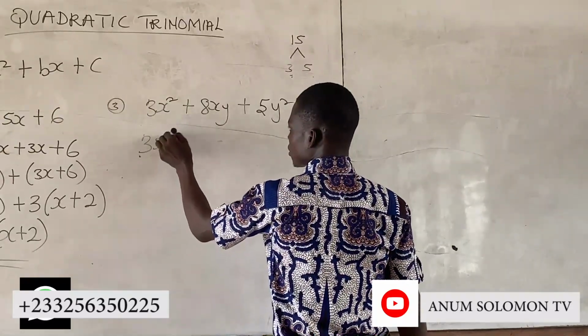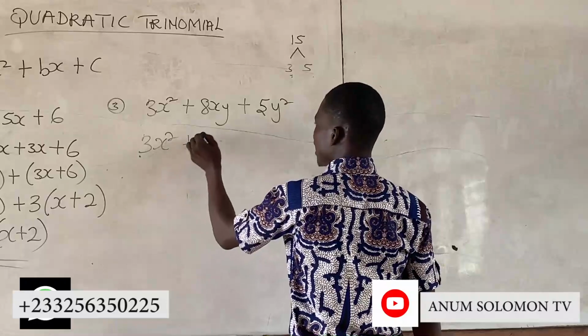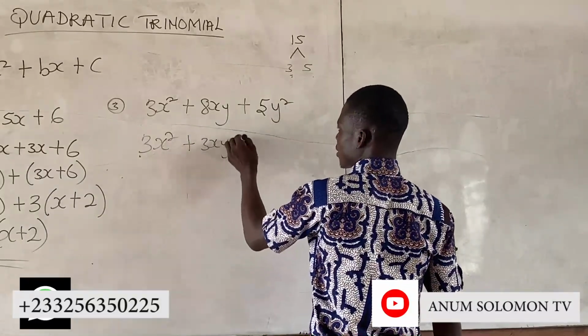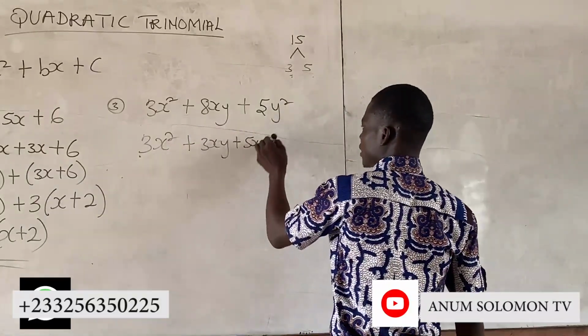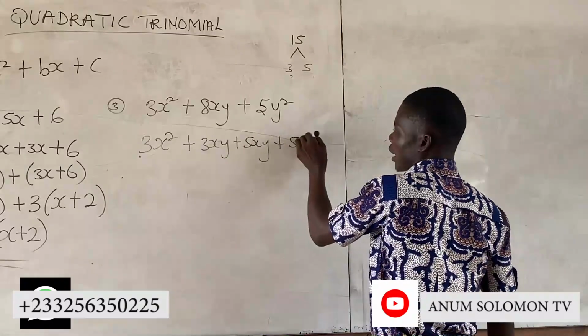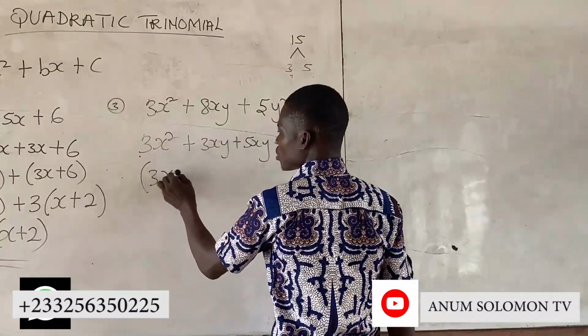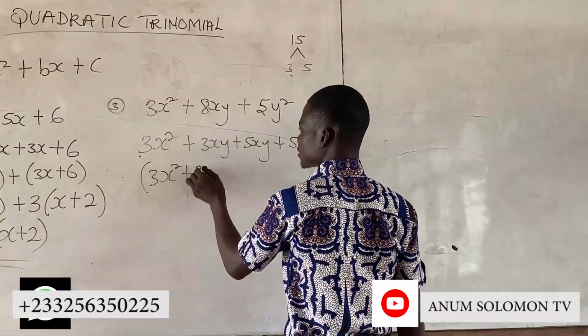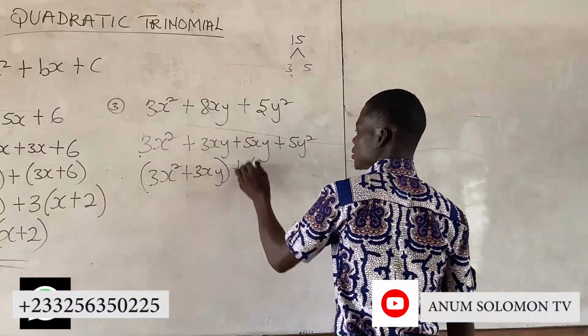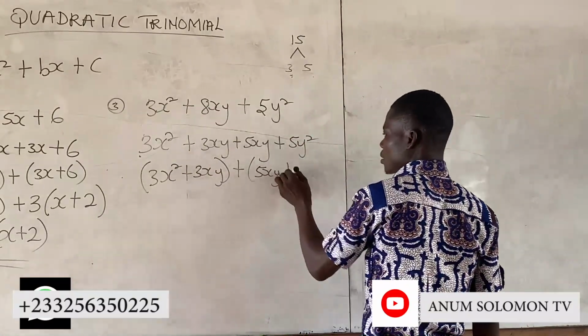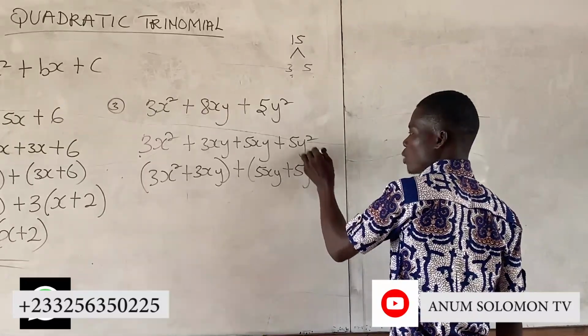We have 3x squared plus 3xy plus 5xy plus 5y squared. Let's group them into 2: 3x squared plus 3xy, and 5xy plus 5y squared.